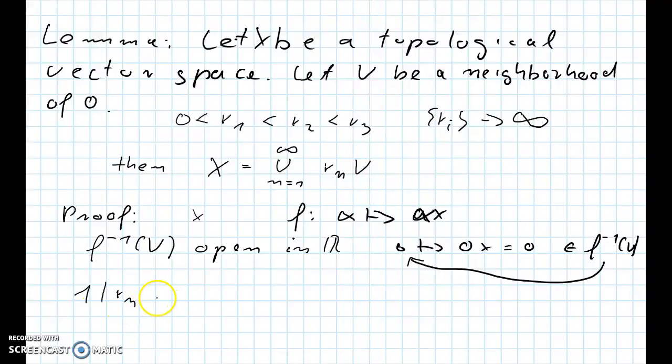This 1 over r_n is an element of the pre-image of V if you pick r_n big enough.